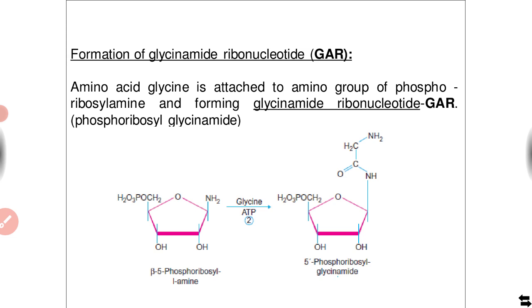Now the compound formed is glycinamide ribonucleotide. This requires hydrolysis of ATP. So to phosphoribosyl amine, at the amino group, glycine is added to form glycinamide ribonucleotide, and this requires the hydrolysis of ATP. This is by the enzyme GAR synthetase. This is the second step of purine synthesis.